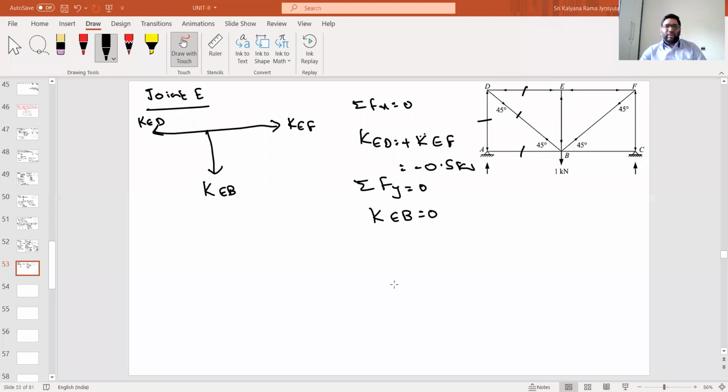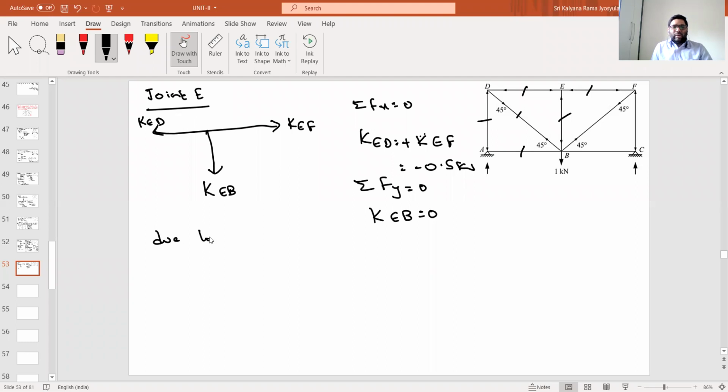So now again, due to symmetry, KAB, KBC and KEB are also 0, and all other values are known now. Because of symmetry, these both are the same.